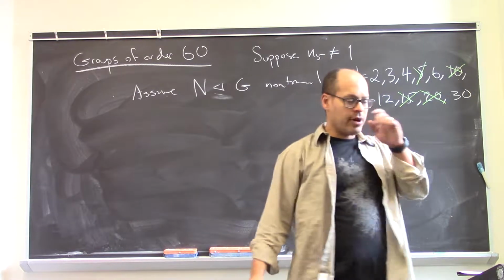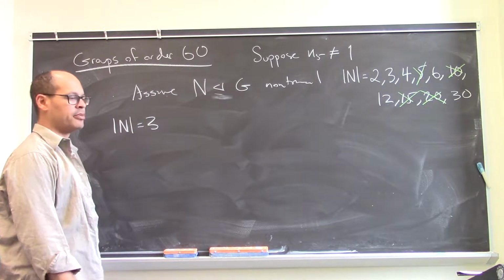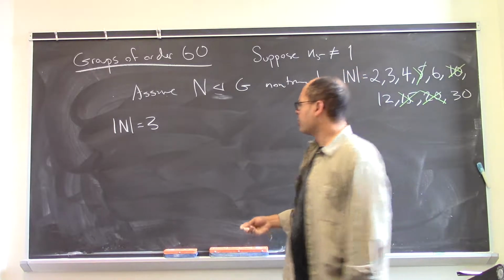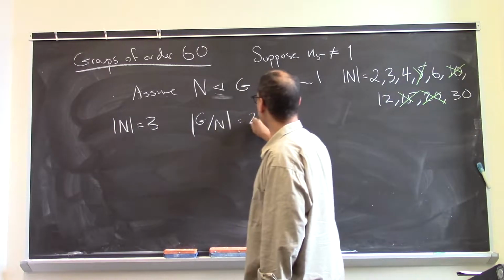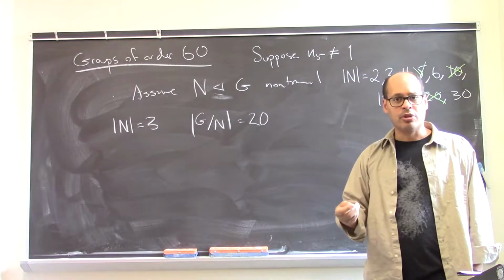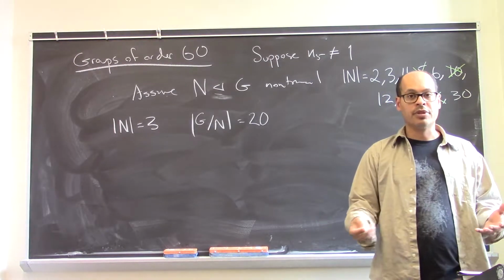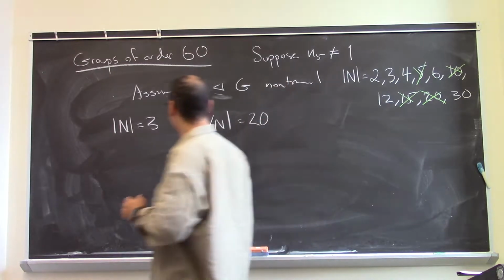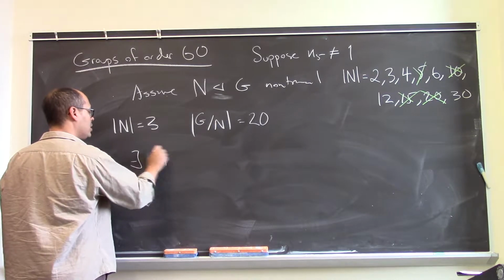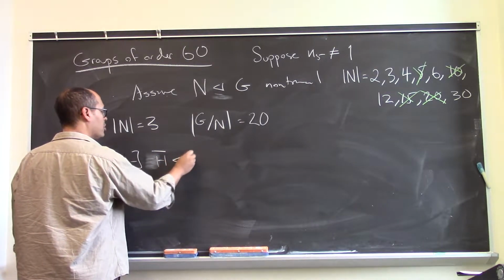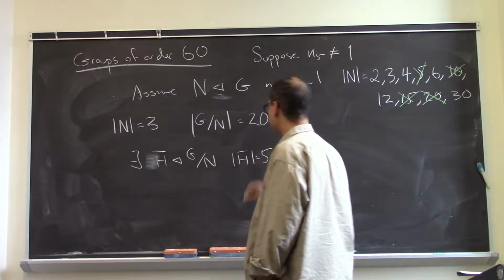How about order 3? What if you have a normal subgroup N of order 3? Well, we're going to consider G mod N, which is a group of order 20. As we said a moment ago, subgroups of a group of order 20 have normal Sylow 5 subgroups. So that means there exists some H bar, which is a normal subgroup of G mod N. The order of H bar is 5.